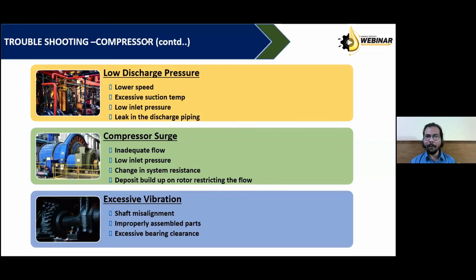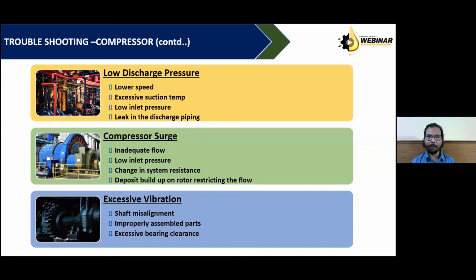So when air recirculates within the compressor, then we have a tendency of compressor surge or compressor stall. This may be due to inlet filter choking, or there is a sudden change in the system resistance, meaning a change in the outlet of the compressor.